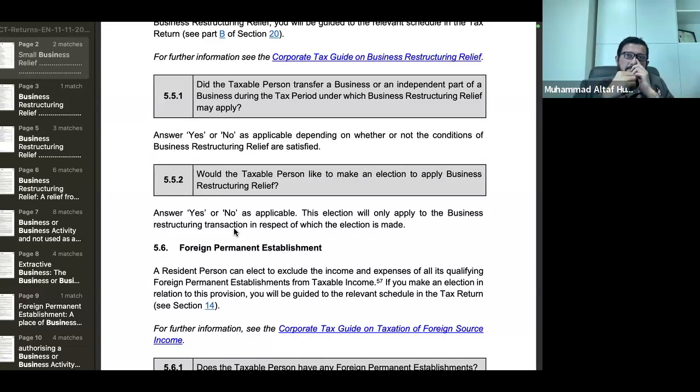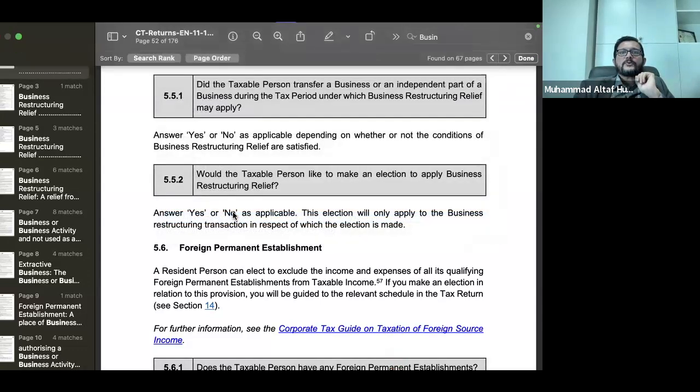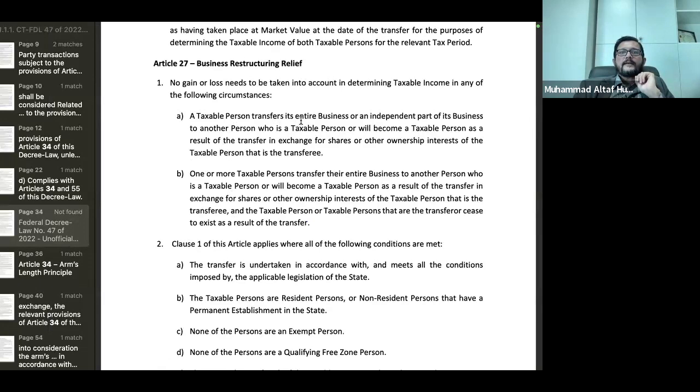That means, Mr. Altaf, even though they have transferred a part of their business, one going concern, they still have the remaining. They're still a taxable person. That's why the wordings were important, which I showed you earlier on. It's the entire business or an independent part of its business. So if it's the entire business, this person is no more taxable.